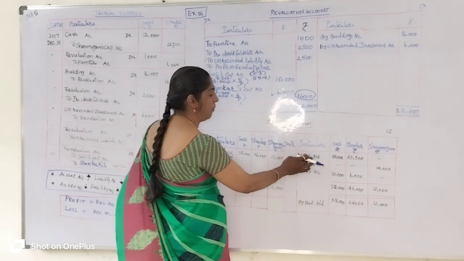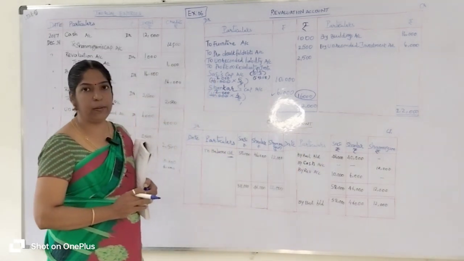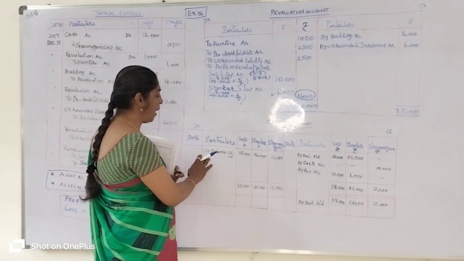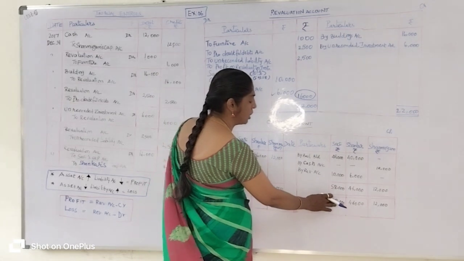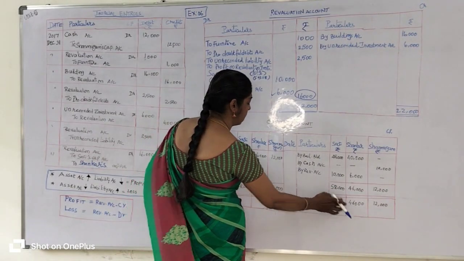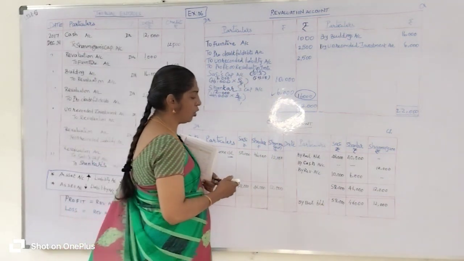B/d means opening balance. C/d means closing balance. So now we have closed the account. Then after the closing balance, we bring it down to the opposite side and enter it below the total: 58,000, 46,000 and 12,000. Okay. Against this what are you going to write?